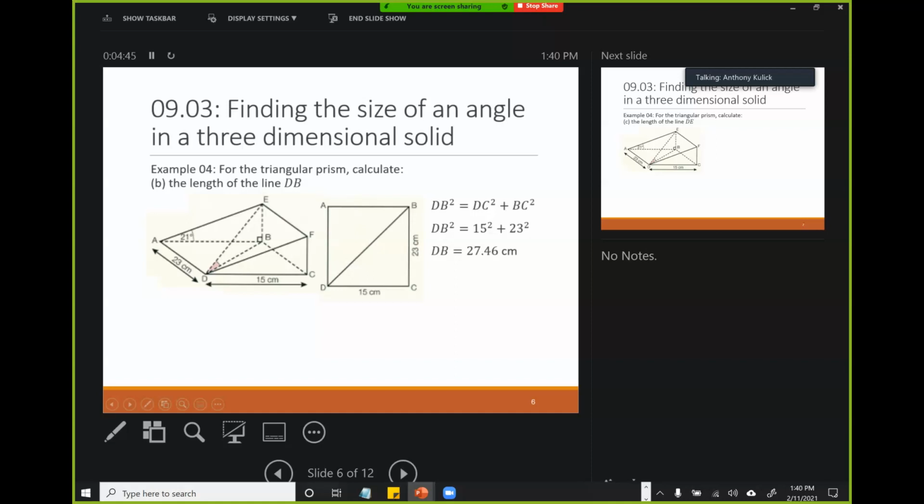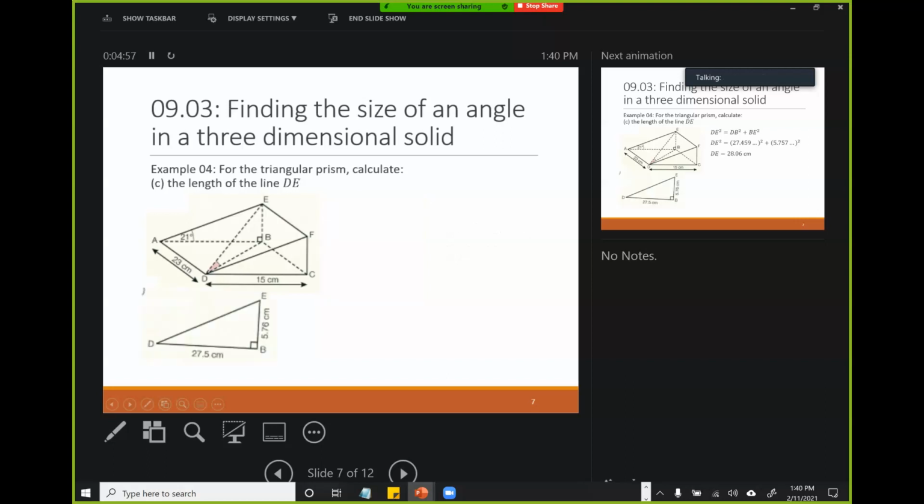If I know DB and I know EB, I can certainly find the length of ED, which was next, just by doing the Pythagorean theorem again. Everybody's okay there?